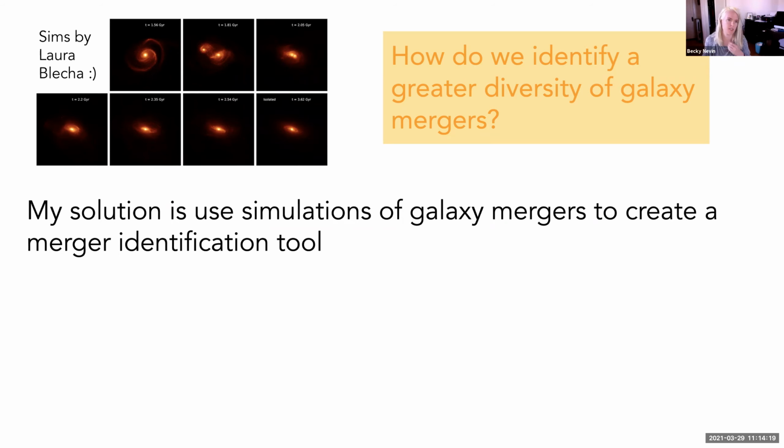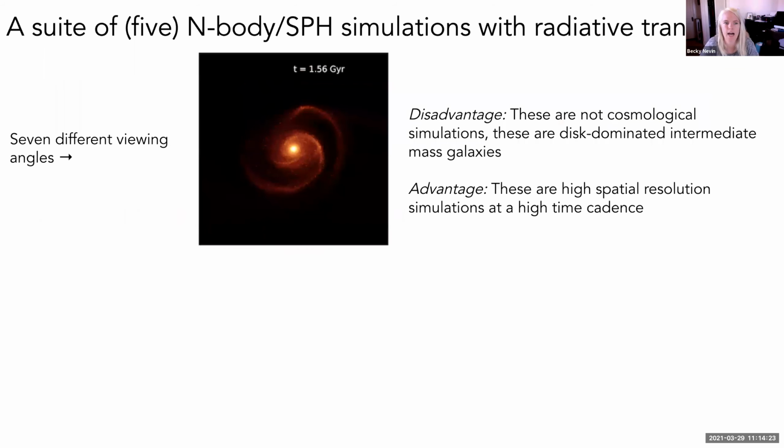These simulations are by Laura Blecha, and I have a suite of 5 N-body smooth particle hydrodynamics simulations with radiative transfer. The main thing to know about these is that they have relative disadvantages and advantages. A disadvantage is that these are only 5 different mergers, so we don't have the full range of cosmological parameters you would get from a cosmological simulation.